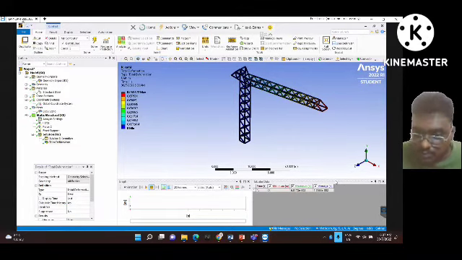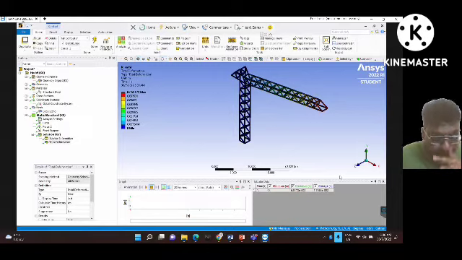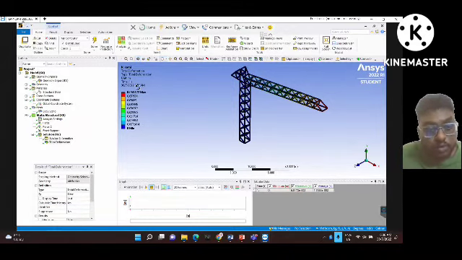And we need to fix the bottom point of the crane so that the total deformation won't deform a lot, since the actual crane will be fixed at that point. So the total deformation was 0.065172.